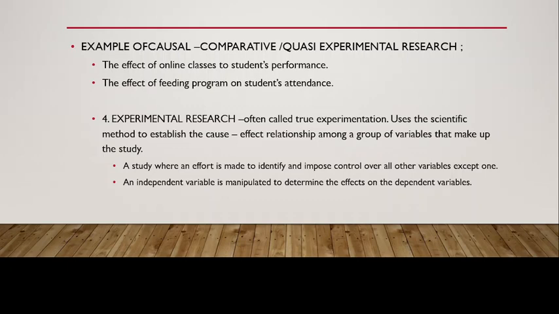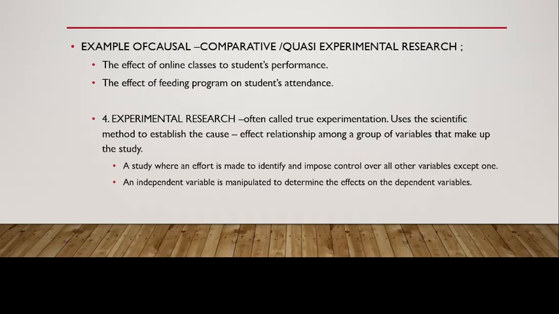Okay, a study where an effort is made to identify and impose control over all other variables except one. And an independent variable here is manipulated to determine the effects on the dependent variable.